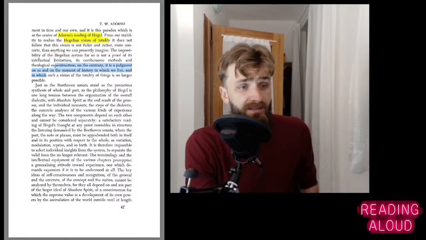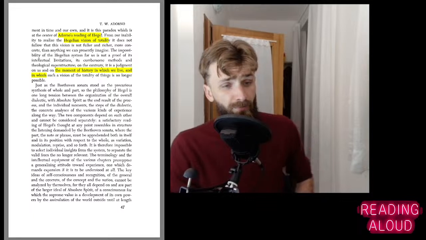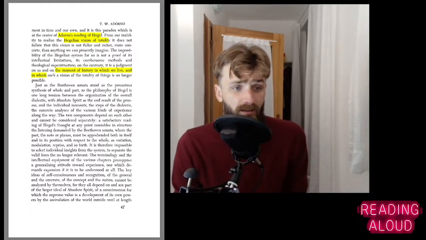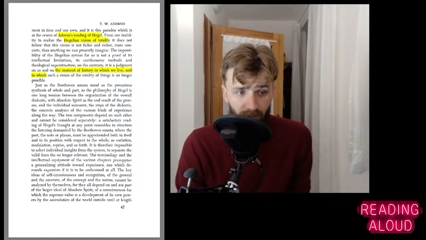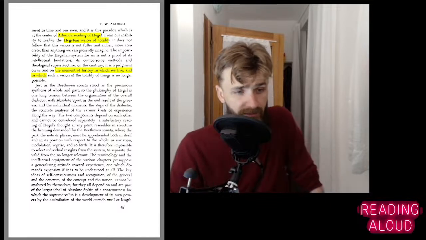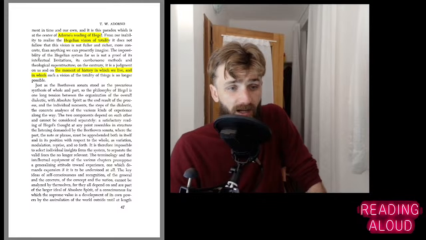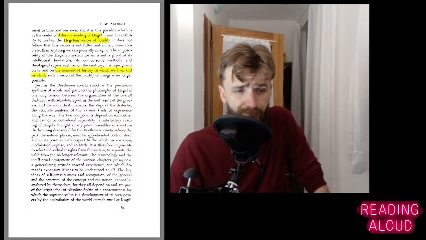Just as the Beethoven sonata stood as the precarious synthesis of whole and part, so the philosophy of Hegel is one long tension between the organization of overall dialectic, with absolute spirit as the end result of the process, and the individual moments, the steps of the dialectic, the concrete analysis of the various kinds of experience along the way.